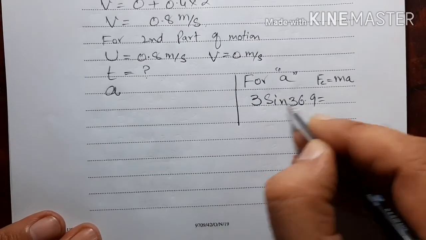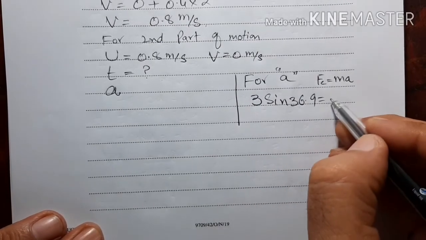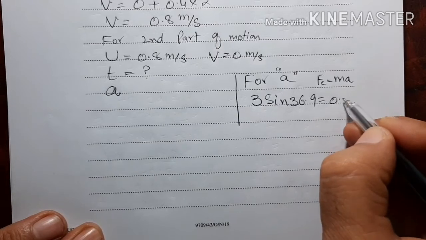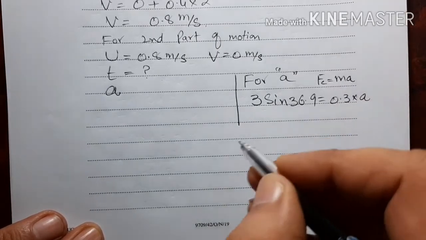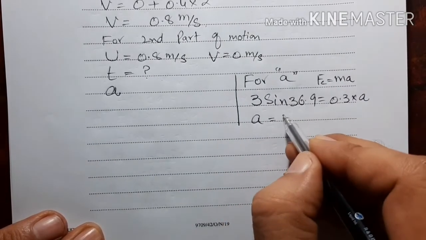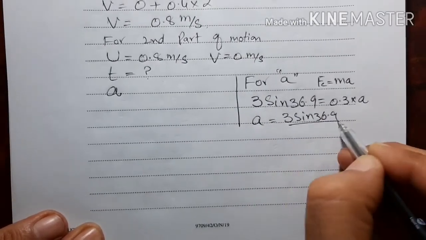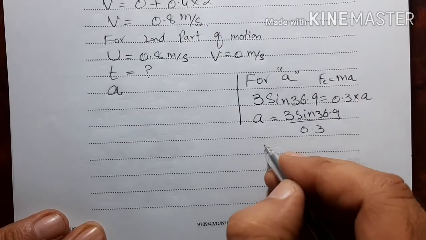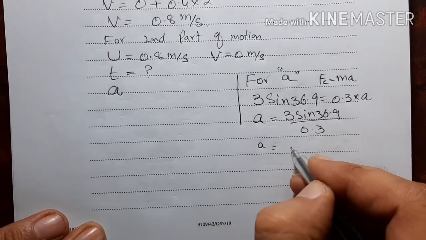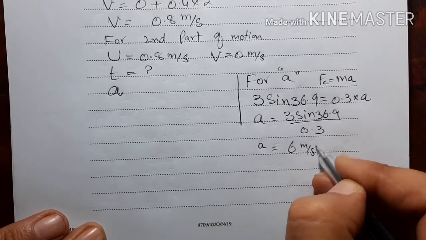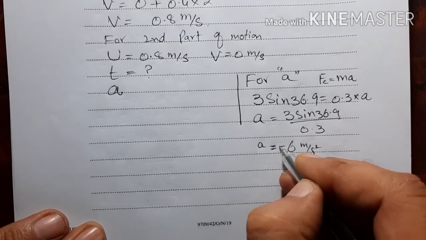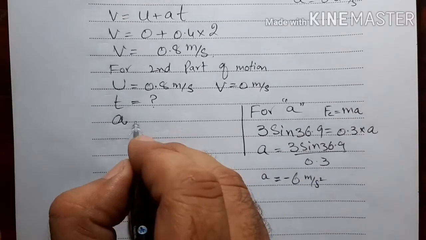So 3 sine 36.9 is equal to mass 0.3 into A. So A will be 3 sine 36.9 over 0.3, which is A is equal to 6 meters per second square, negative, because this is deceleration. The body is slowing down.